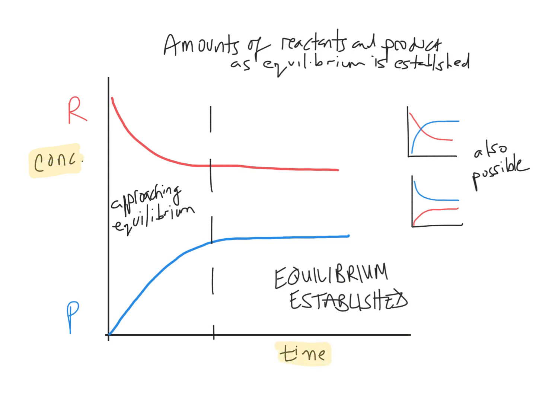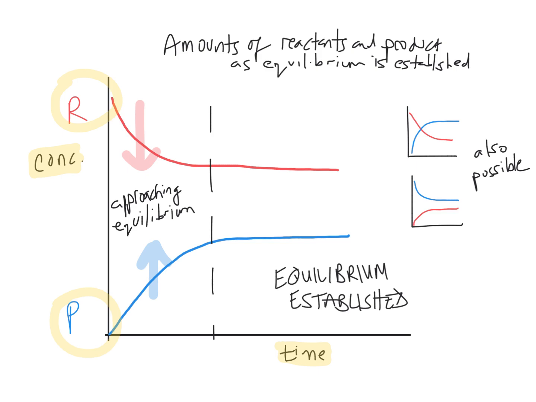So what we see in this plot is that, again, we're going to base it on the previous example where we're starting with only reactants and no products, but we would see as that reverse reaction was increasing in rate, we would see more products get produced, and as the forward reaction was decreasing in rate, we would see a decrease in the amount of reactants, and we would see a decrease in the rate of that reaction as it happened.